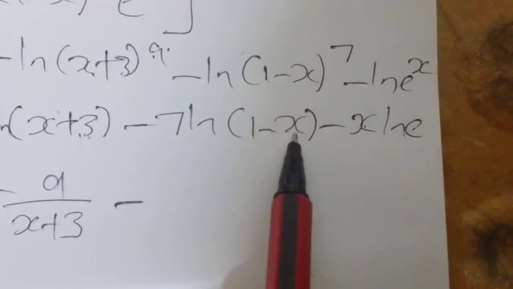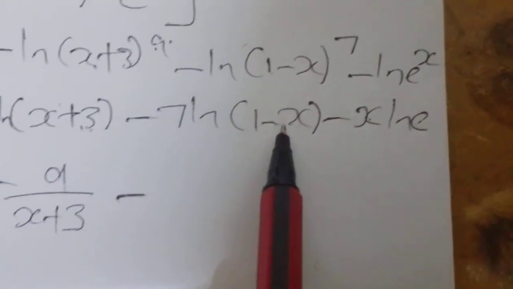Minus, if you differentiate the x + 3, this will just be 1 over this function, so 1 times 9, it will be 9 over x + 3. Minus, the differentiation of 1 − x is negative 1, so negative 1 times 7 becomes positive 7 over 1 − x.